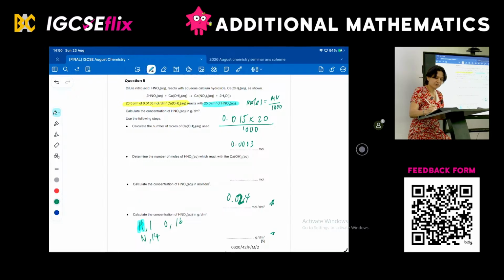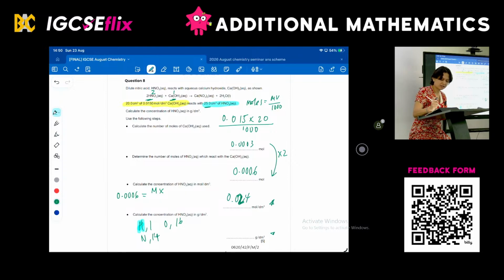Then from here to here, ratio is 1 to 2. So multiply or divide? Multiply 2. So 0.0006. Correct? Okay. So you come back to the same formula. Amount of moles is M. I'm looking for M. V is how much?